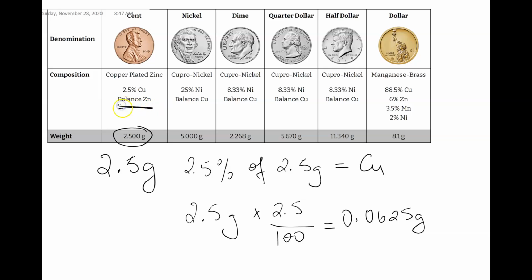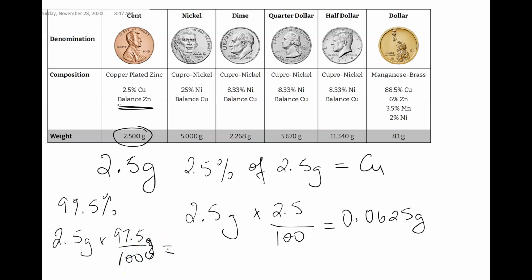And it says the balance is zinc. It's just telling you that the rest of the 100% minus the 2.5% is zinc. So all you do is take 100% minus 2.5, which is 97.5%. And you take that 97.5% and the 2.5 grams again, and do the same thing we did, over 100.